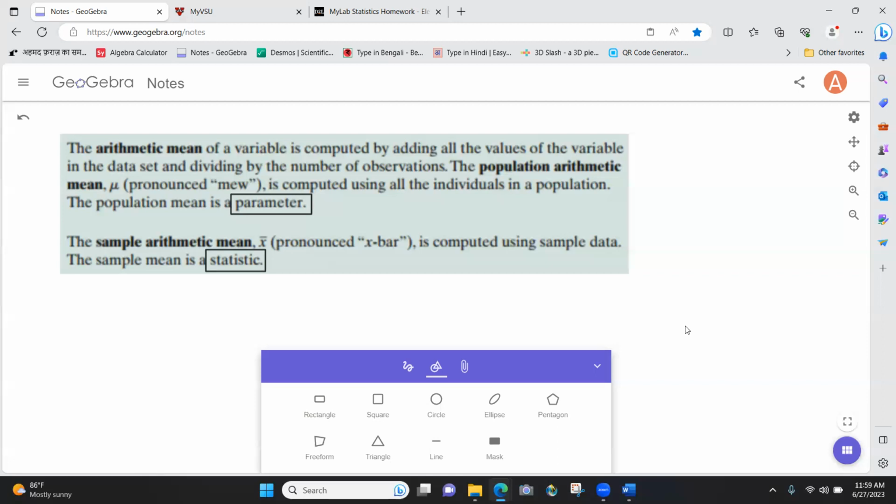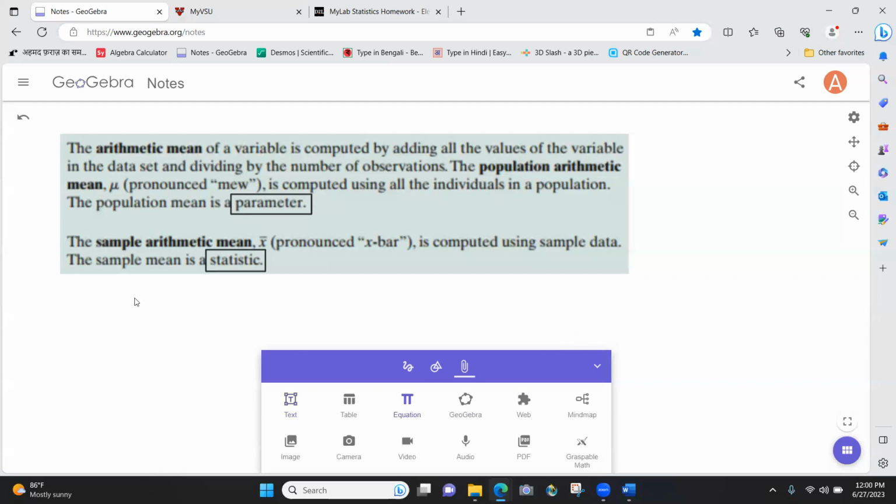All right. So, what does arithmetic mean? I'm going to give you a very simple example. Whether it's population or sample here, it's the same.